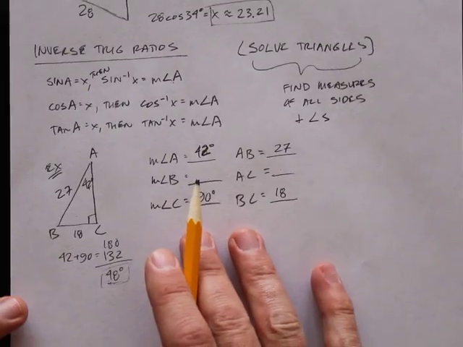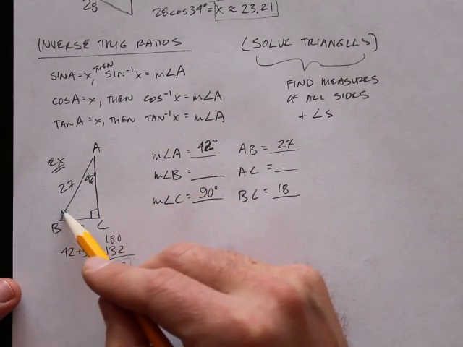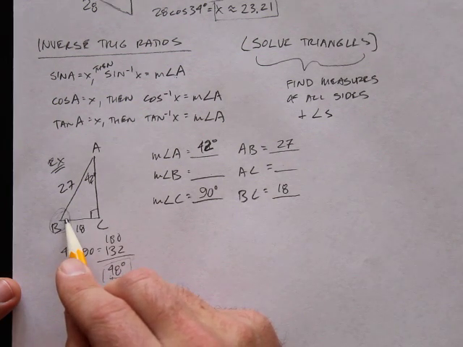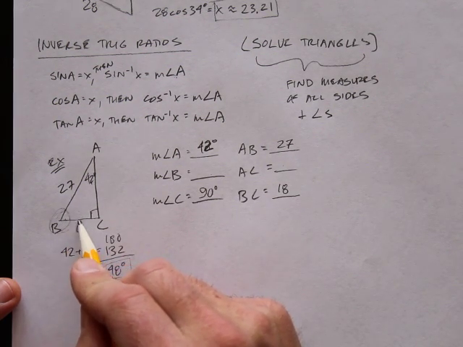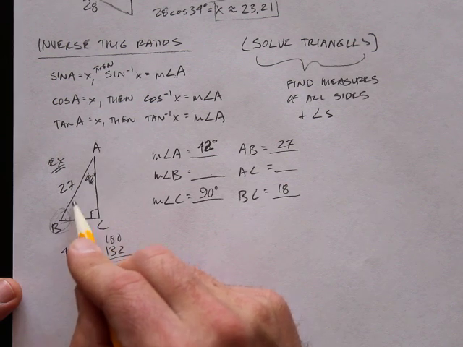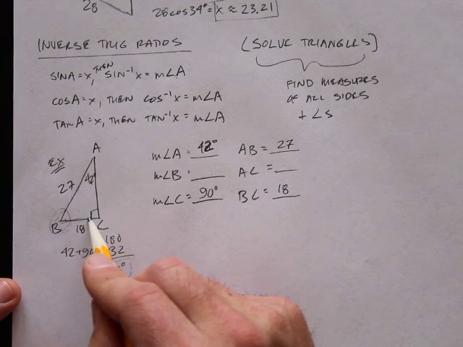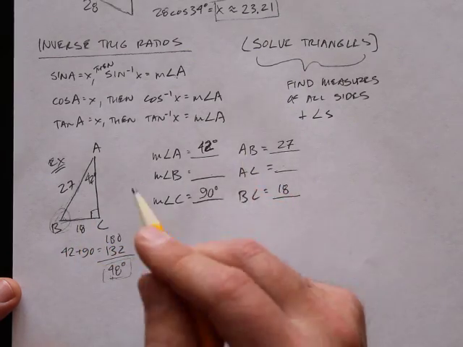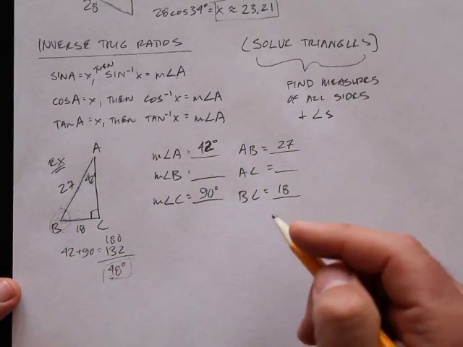So here's how we're going to do it. We're going to look at angle B because that's the one we want. We want to know angle B. And we have this adjacent side and the hypotenuse. So which trig function uses the adjacent and the hypotenuse? It's SOHCAHTOA, so it's cosine.